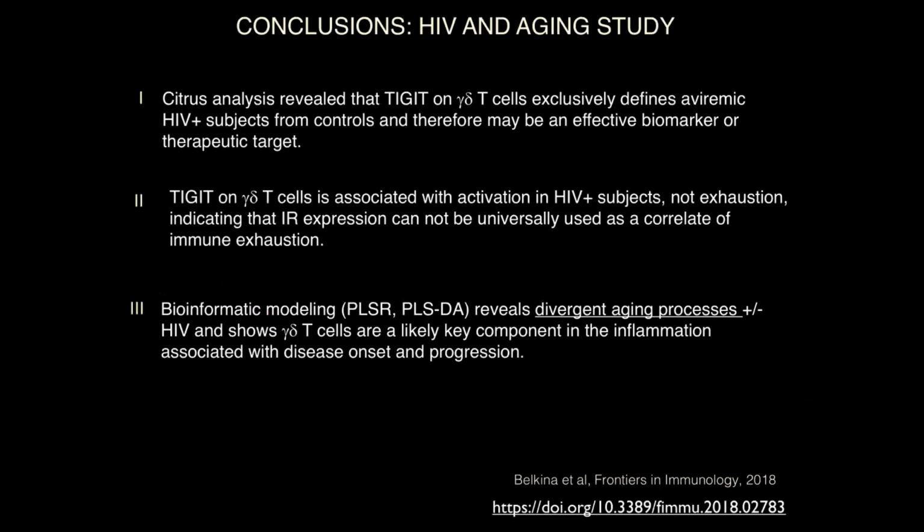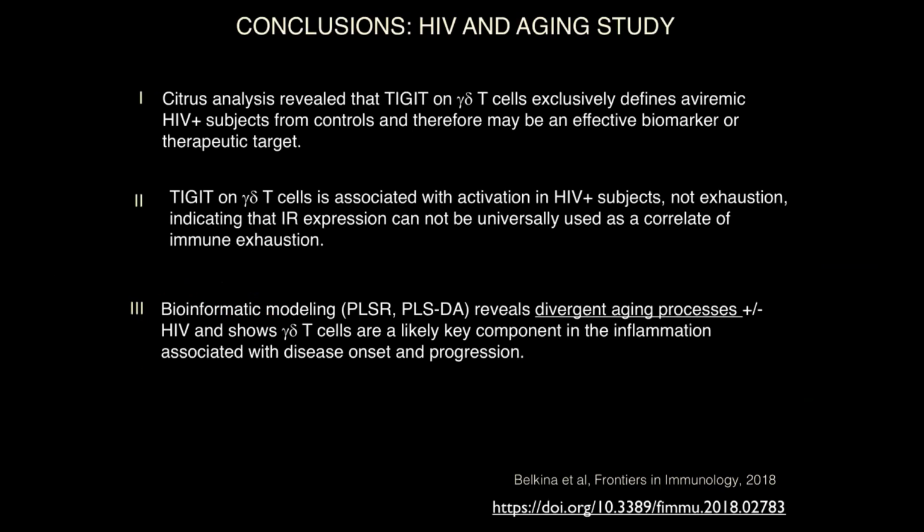So the take-home messages from this study are that we used Citrus to analyze inhibitor receptor signatures on different subsets, and we revealed that TIGIT on gamma delta T cells exclusively defines aviremic HIV positive subjects from controls, and therefore may be an effective biomarker or therapeutic target.